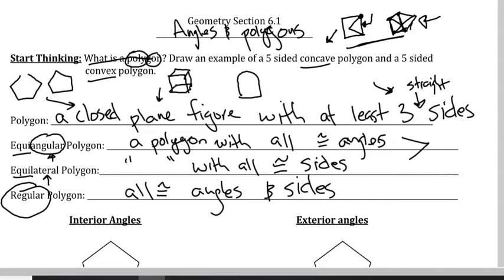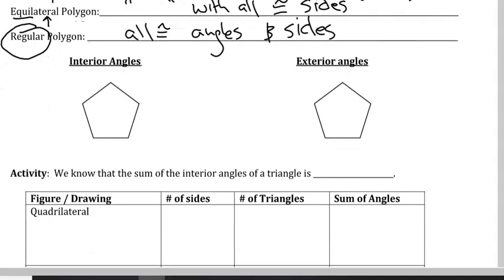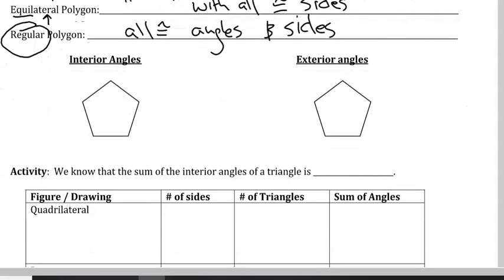All right, now if we go over and scroll down, let's see what we have here. This is talking about interior angles versus exterior angles. Interior angles are all of the angles on the inside. Okay, those are interior angles. Now, how you can find an exterior angle is you basically just go over and extend all the sides out.